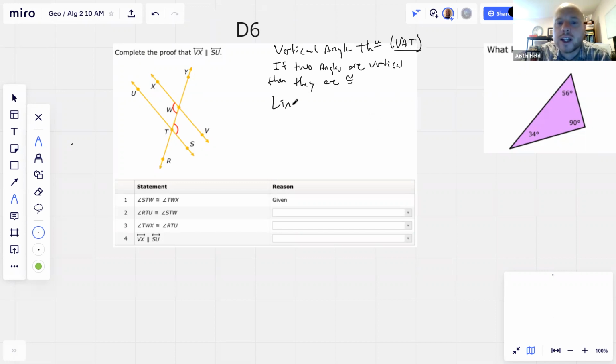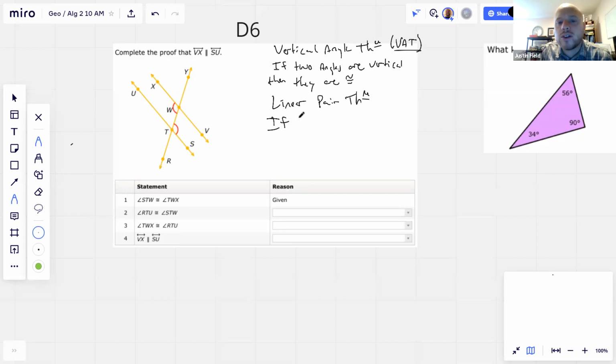There's also the linear pair theorem. Sometimes they call it the postulate. Sometimes they call it the property. I don't know why they can't make up their mind, the textbook writers, but let's call it the linear pair theorem.